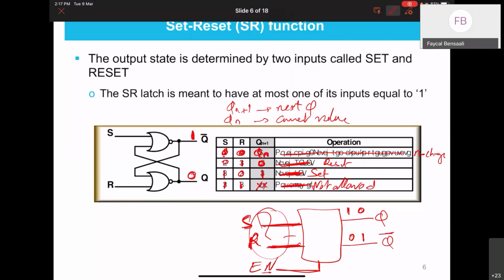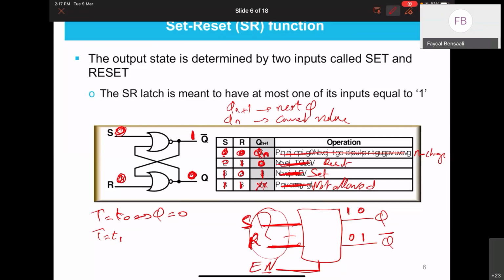So if Q is 0 now, at time T0, Q is equal to 0. Next, at time T equals 1, we put 0, 0 here. What will happen? Even if you work through this circuit, you will get Q0. So it will stay as the previous value, which is 0.